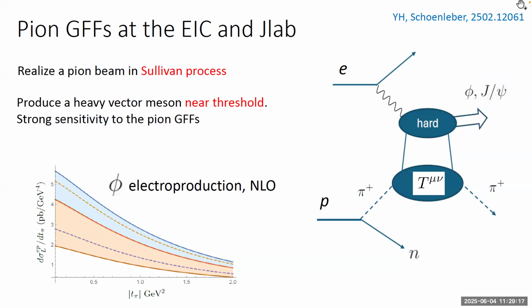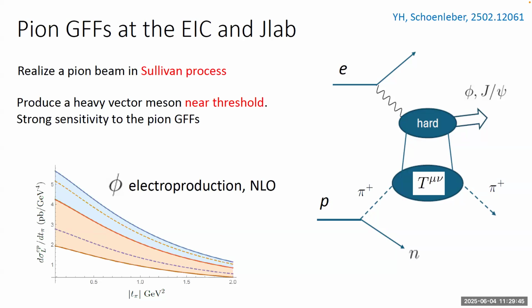You have to reconstruct the invariant mass of the e plus e minus or mu plus mu minus, so you have to identify all the particles in the final state. So it's a very challenging measurement. I don't know how experimenters think about this, but basically you have to reconstruct all the final states.